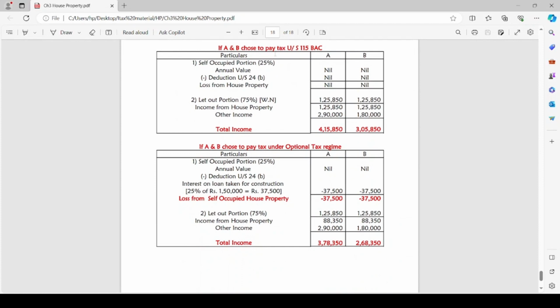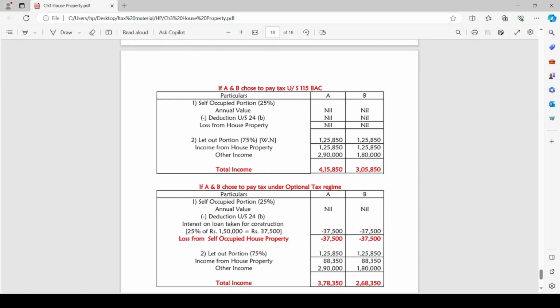If A and B choose to pay tax under section 115BAC, we know that we cannot claim deduction under section 24B. So, while computing the income from the self-occupied portion of house property under the default tax regime, we have net annual value as nil.